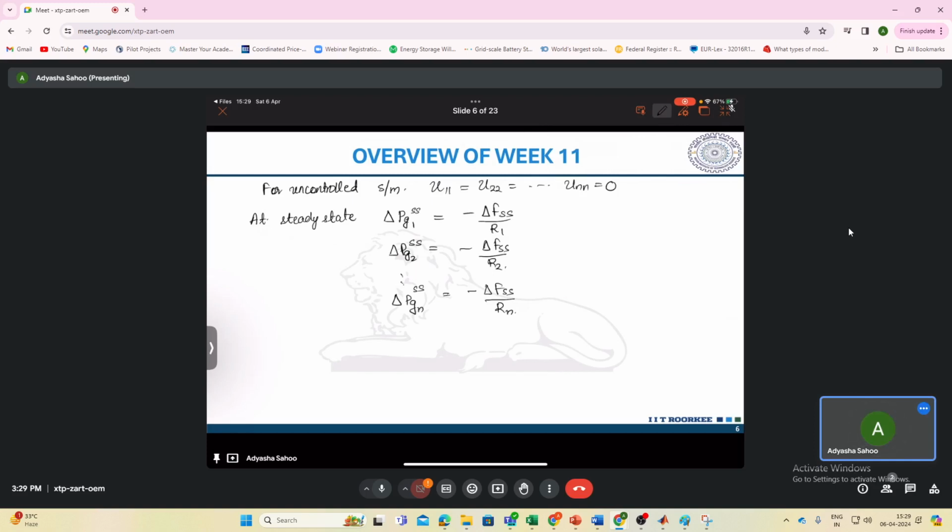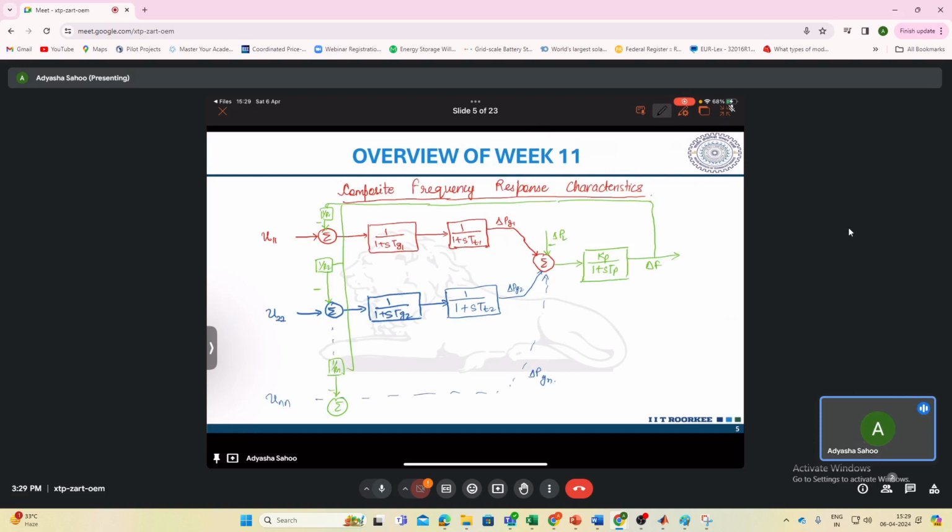Now, this relation, if you add, basically steady state means here the S will be 0.